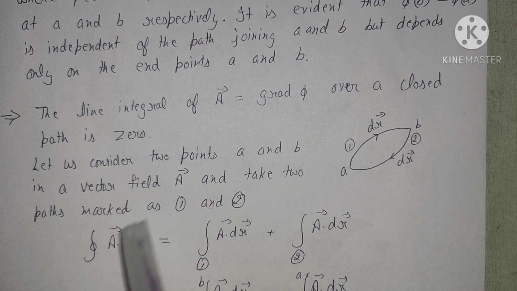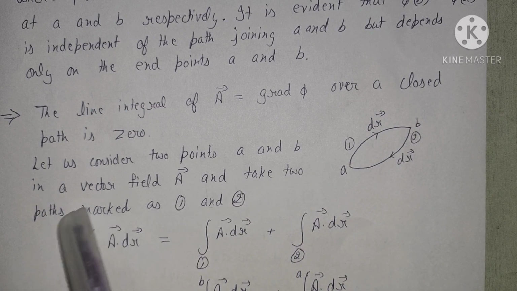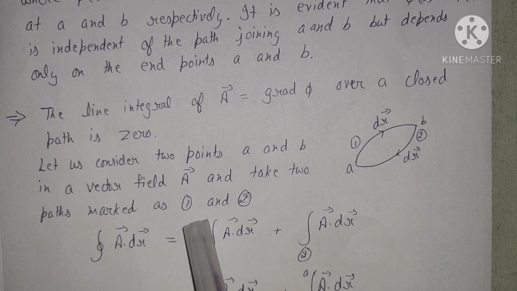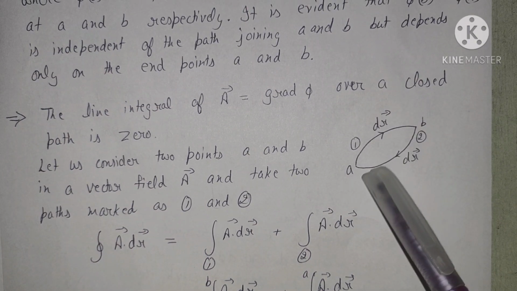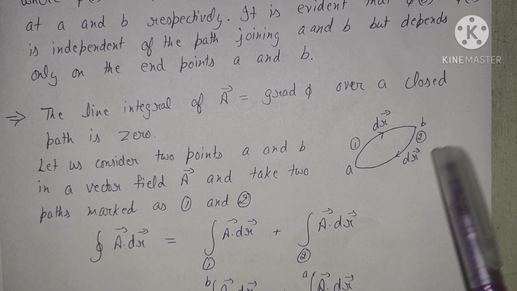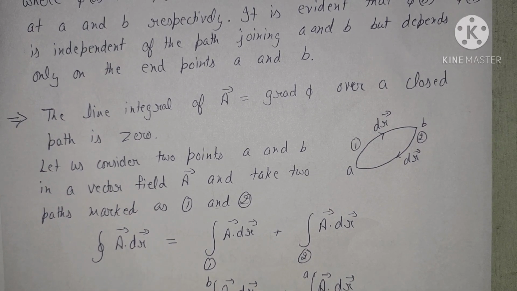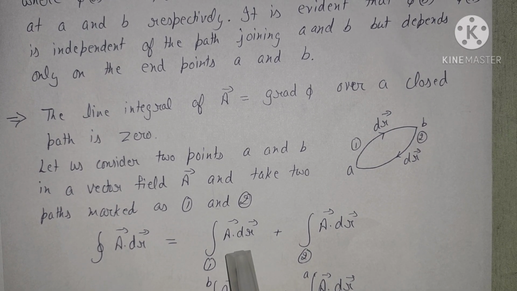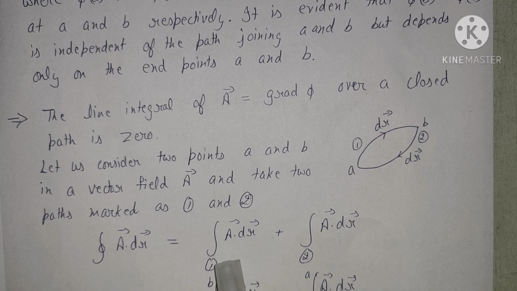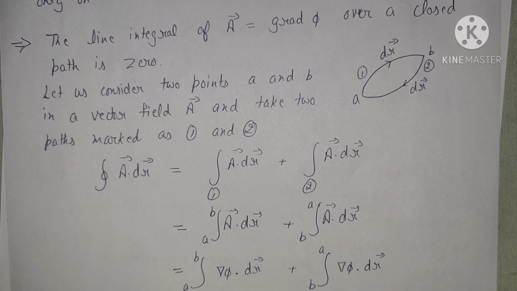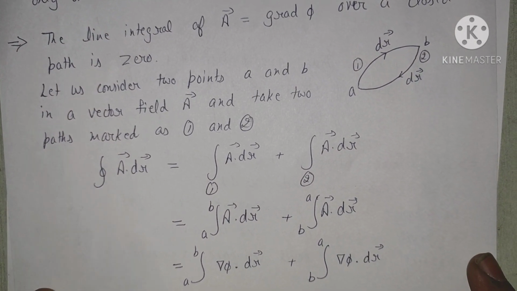Let us consider the points A and B in a vector field A and take two paths marked 1 and 2. This is one path, this is two path. Closed integral A dot dr vector is equal to integration A dot dr vector of first path plus A dot dr vector of second path. Then we put the endpoint values.